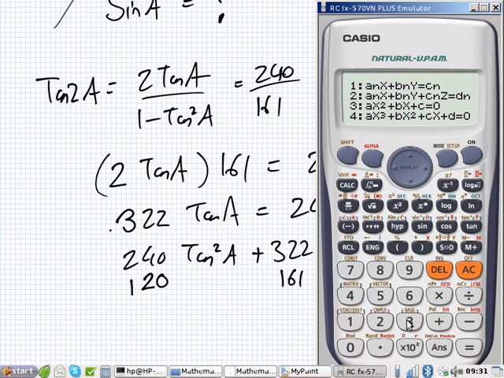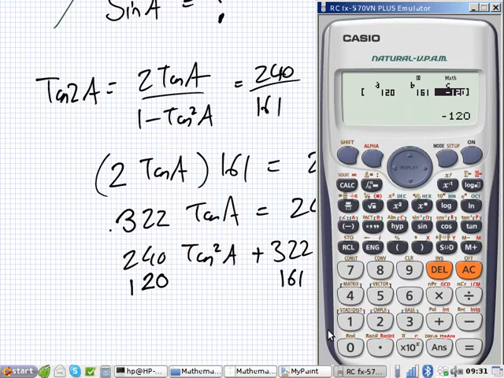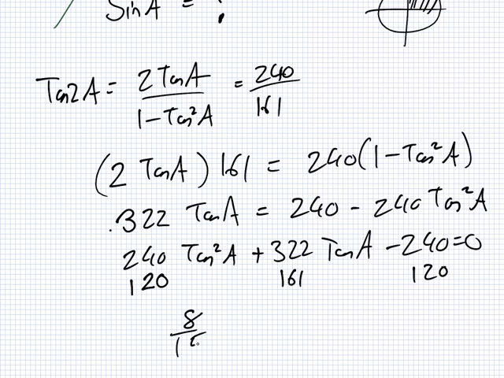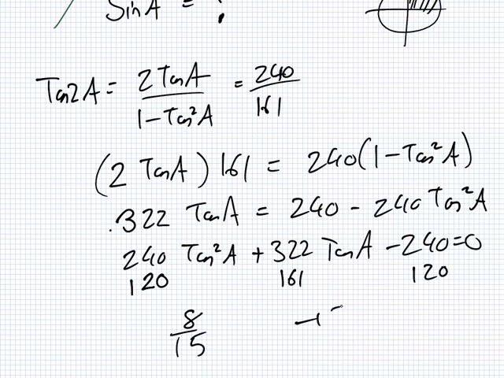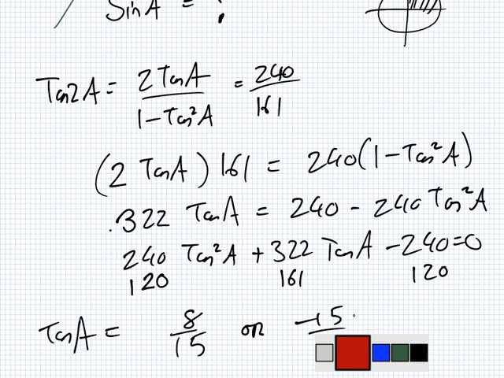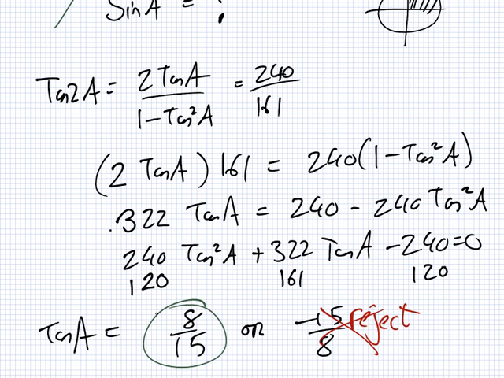It makes us feel smarter. 161 and then minus 120. So you get 8/15 or minus 15 over 8 for tan A. And they are acute, so you take that. We have to reject this one because it should be positive, since I said it's acute.